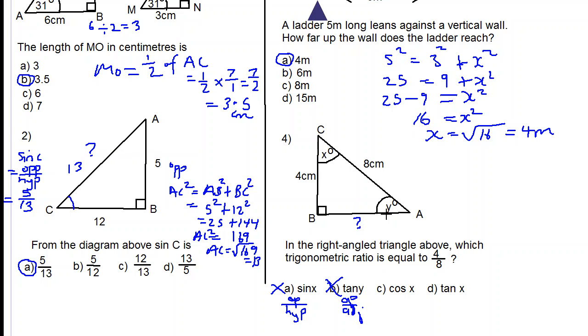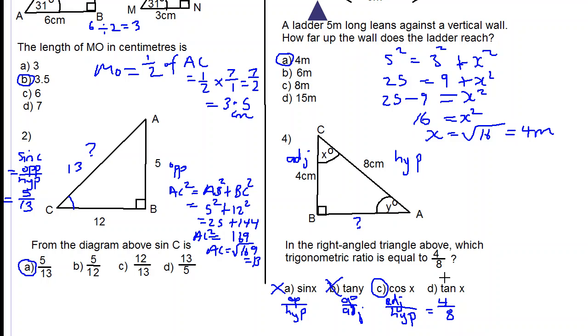C now, cosine X is the length of the adjacent side over the length of the hypotenuse. So we have an adjacent for C, and we have a hypotenuse. This cosine X would then be equal to 4 over 8. The adjacent is 4 and the hypotenuse is 8 when you are at angle X. So the answer is C. Cosine X is equal to 4 over 8.